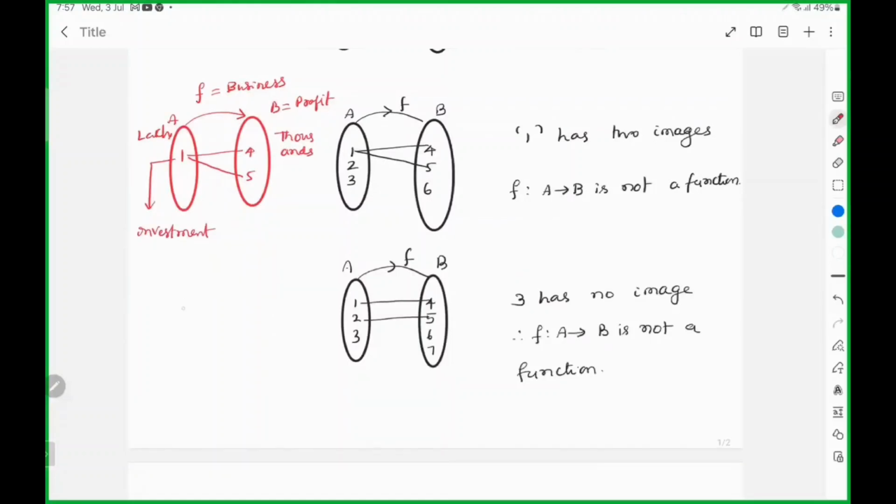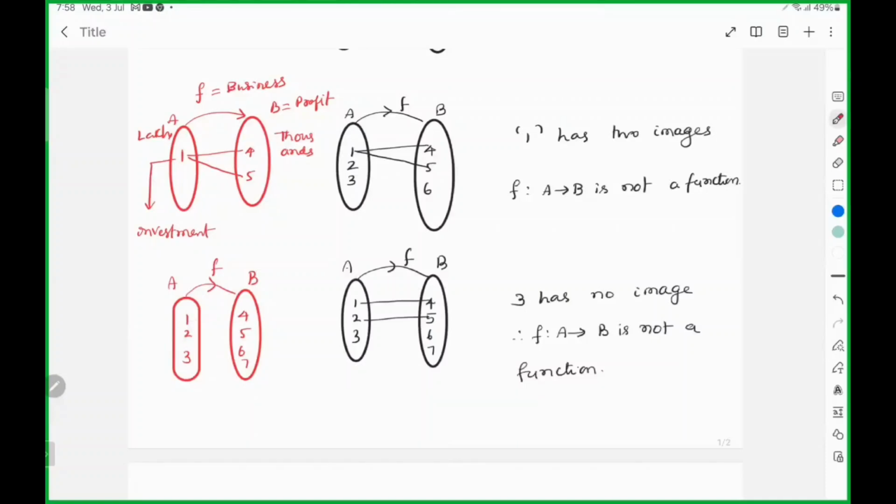Here, this is also the same thing. Consider the same example in the general sense of a business.